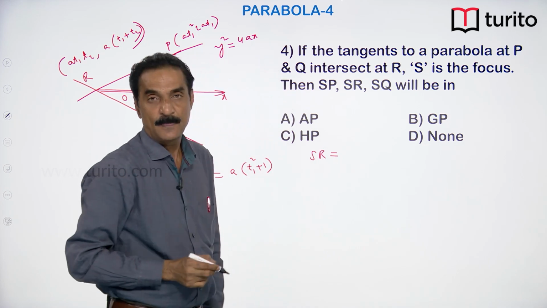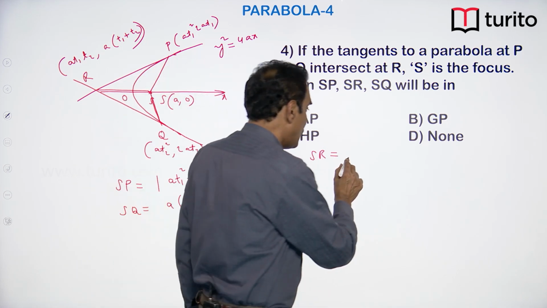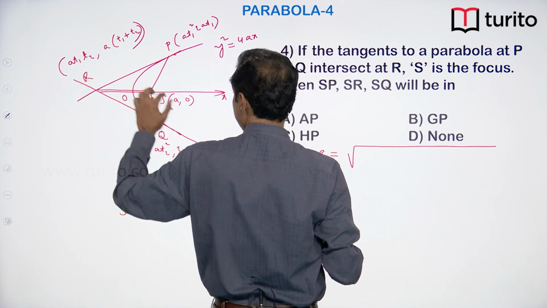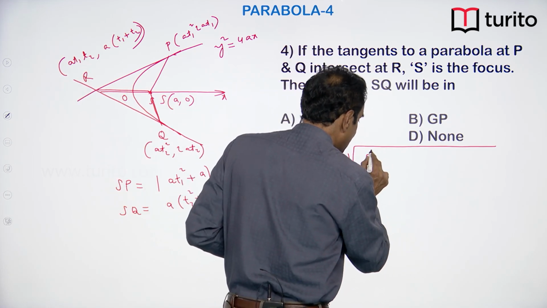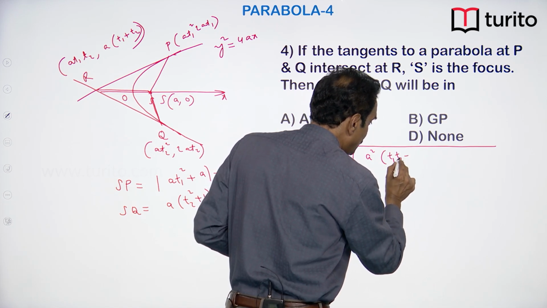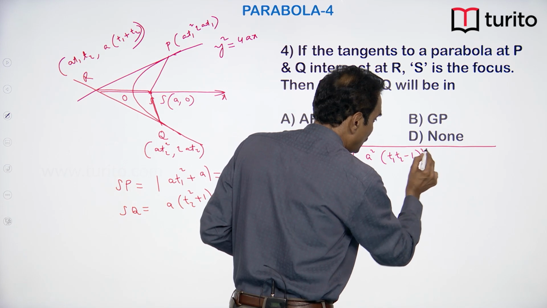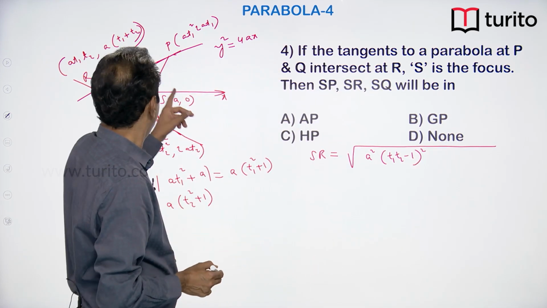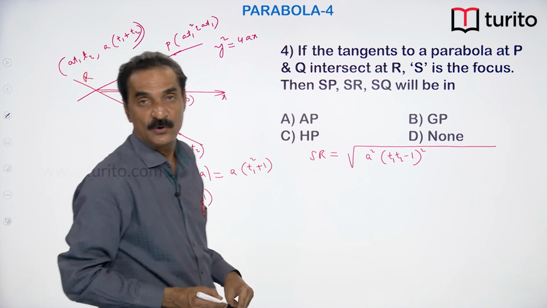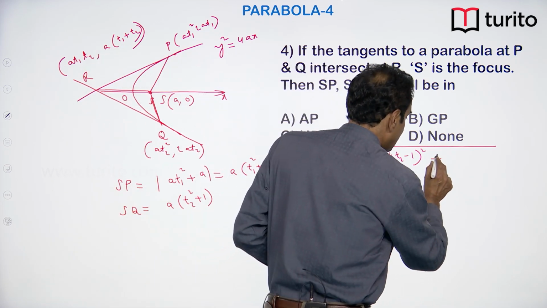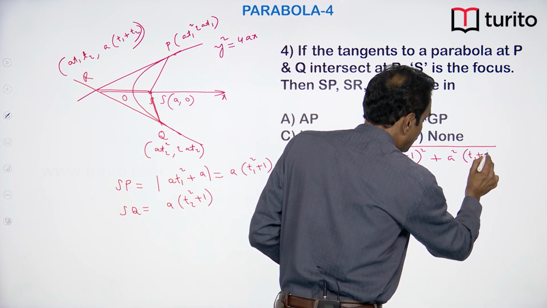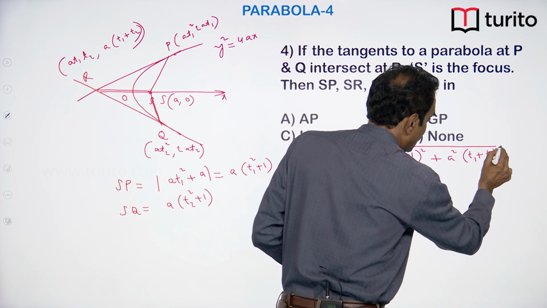SR is equal to square root of (aT1T2 minus a) whole square, that is a square into (T1T2 minus 1) whole square. Next, plus (a into T1 plus T2 minus 0) whole square, that is a square into (T1 plus T2) whole square.